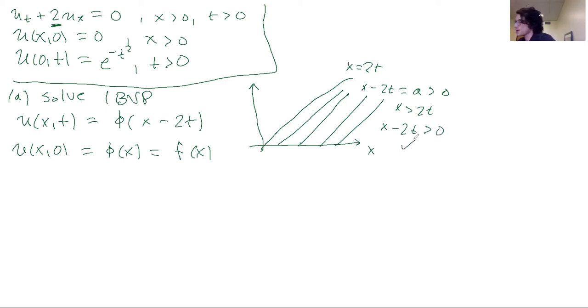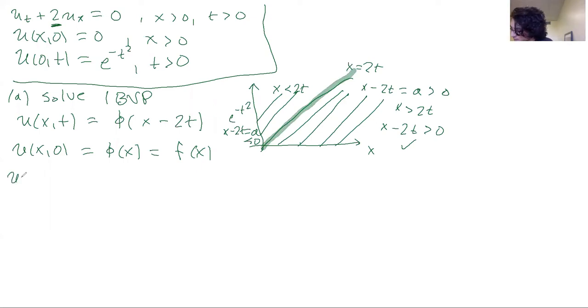Over on this side we have x is less than 2t, and that's going to be determined by solutions emanating from the boundary conditions, or in other words, where x minus 2t is equal to some constant a that's less than 0. So these are the regions of our problem, and this is our big important dividing line there.